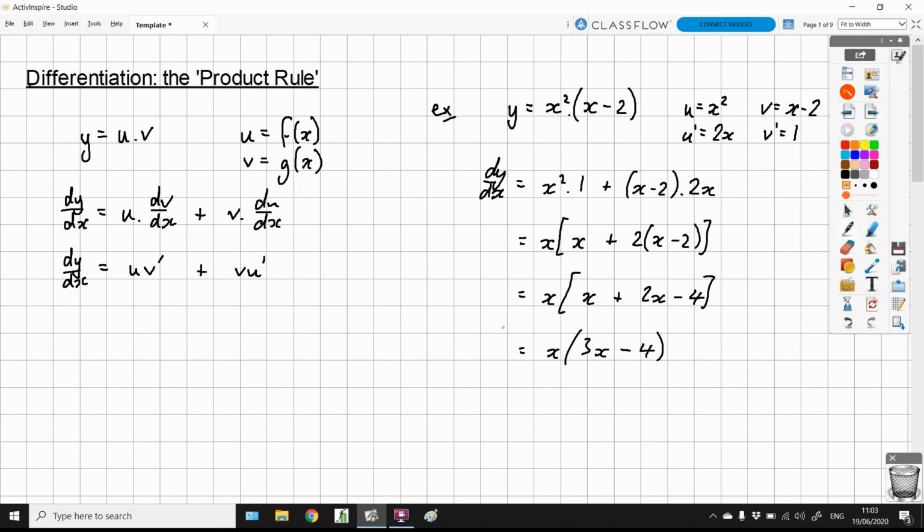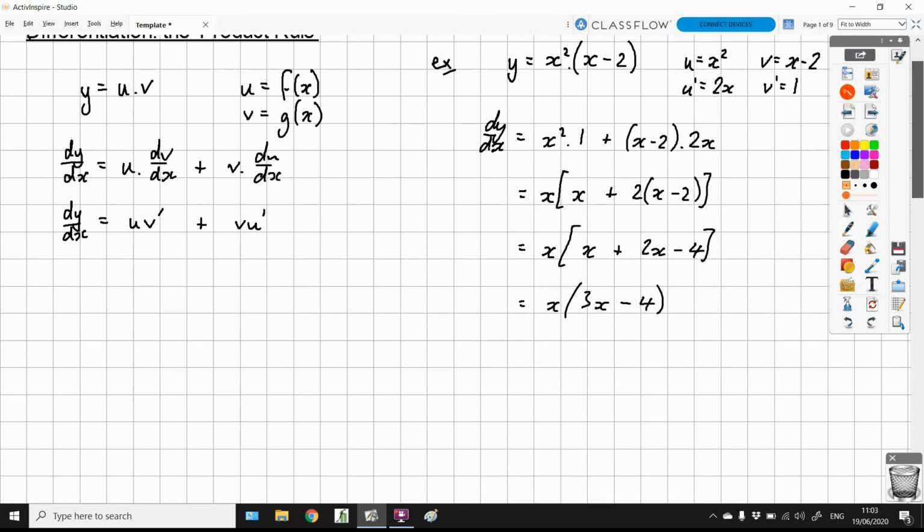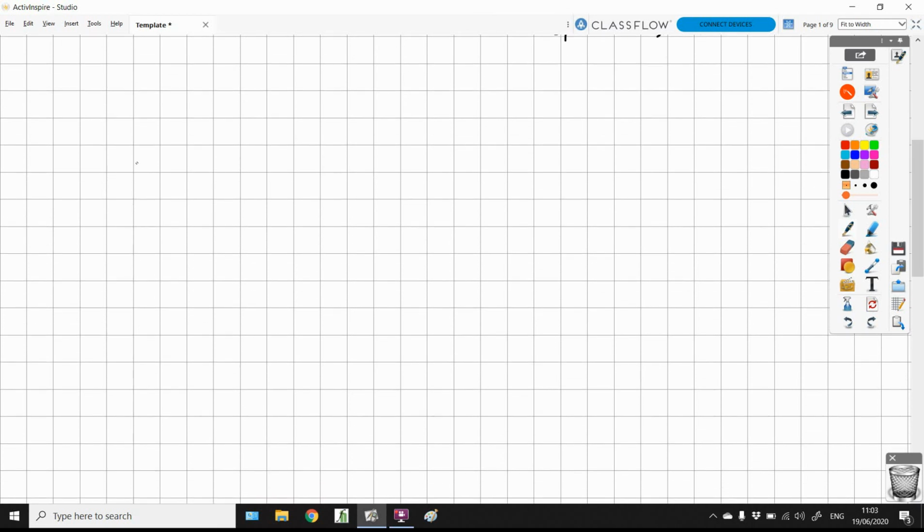Now that was a basic example to start with. Let's look at another one. Suppose you were asked to differentiate this. Y equals x cubed and then I think we'll have 3x minus 2 all to the power 4.